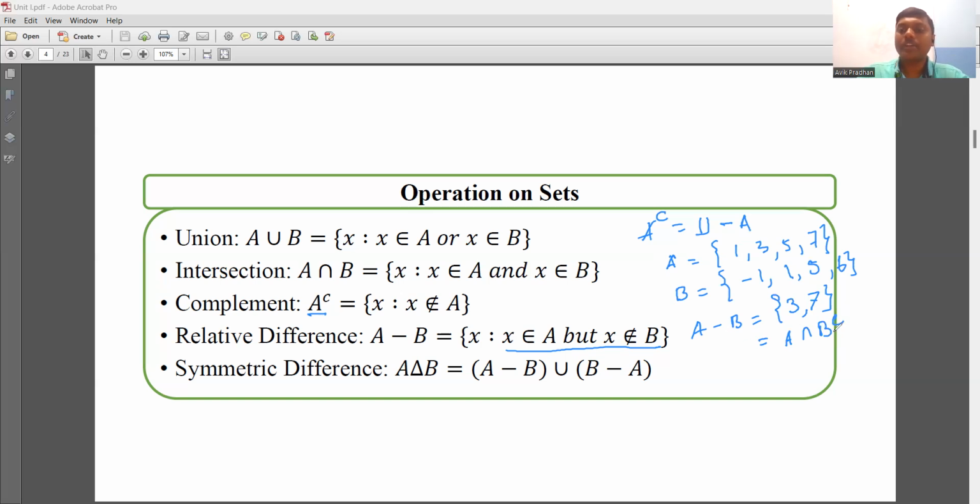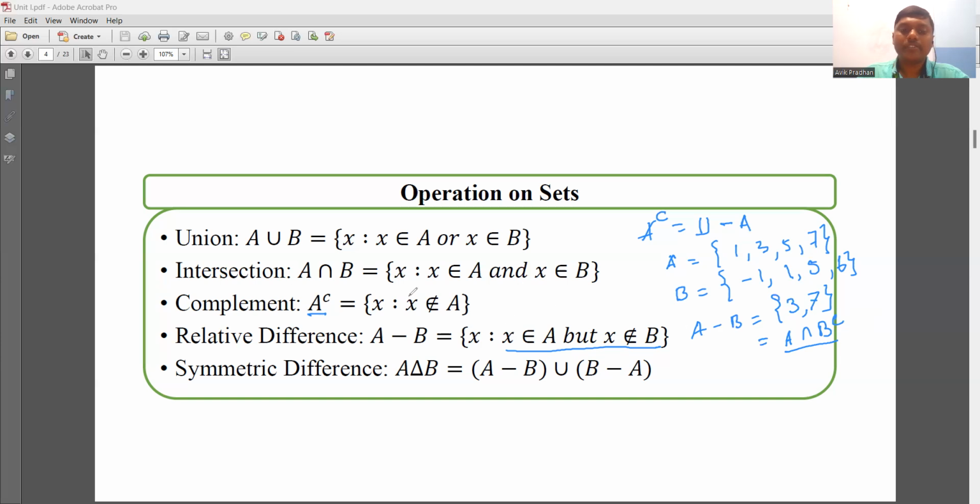B complement will be the elements which do not belong to B and belong to the universal set. If I consider A intersection the universal set, it becomes A itself. So A minus B will give you these elements. So I can always write that A minus B is equal to A intersection B complement.